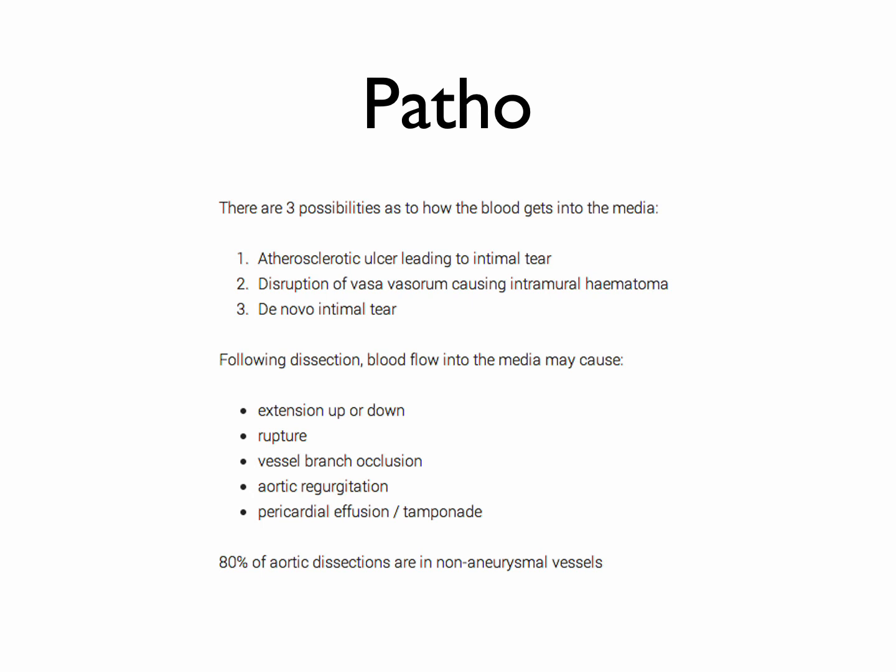We can start getting vessel branch occlusions, and remember you've got your subclavian and your carotids that run off there and also down into your renal arteries, so we can get hypoperfused kidneys. We can start getting neurological symptoms presenting. Aortic regurgitation can occur, and a common sign that we see is pericardial effusion or tamponade developing, and this is mainly with your type A aortic dissections.